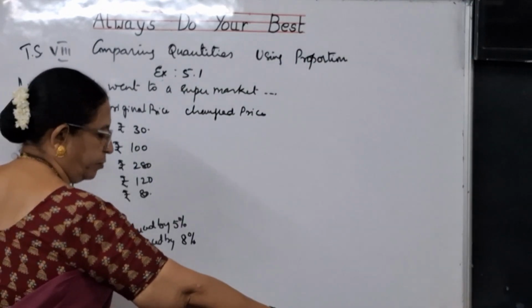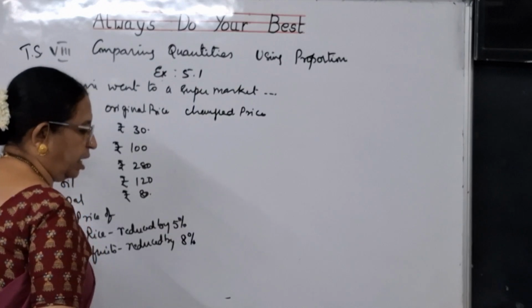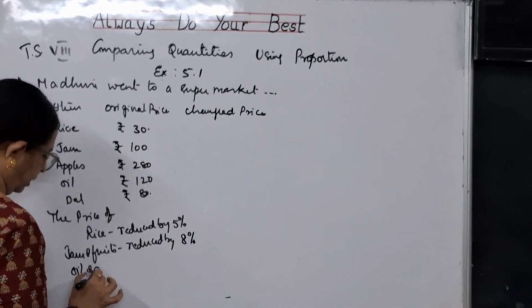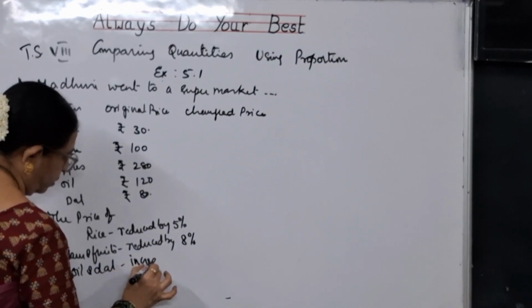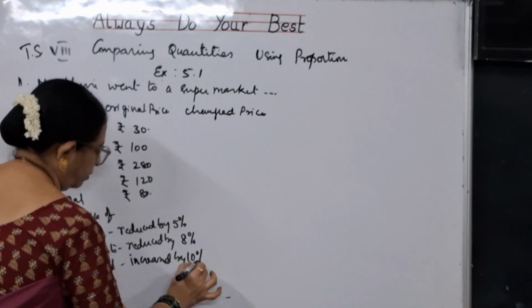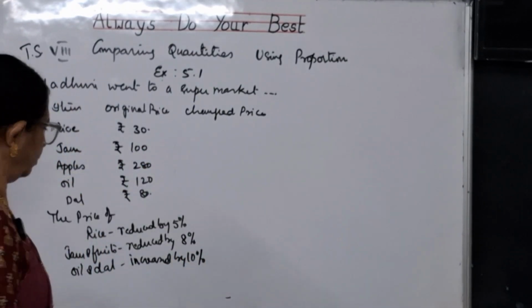Rice is reduced by 5%, jam and fruits reduced by 8%, oil and dal increased by 10%. So this you should note down so that you can write the changed prices.